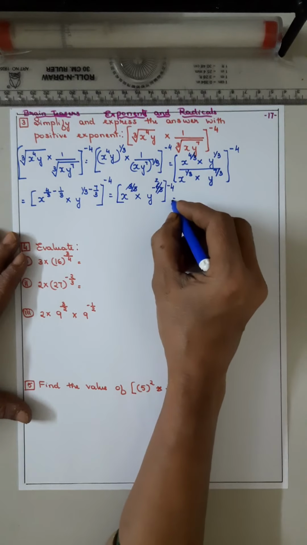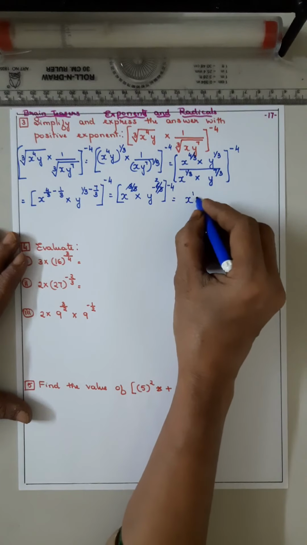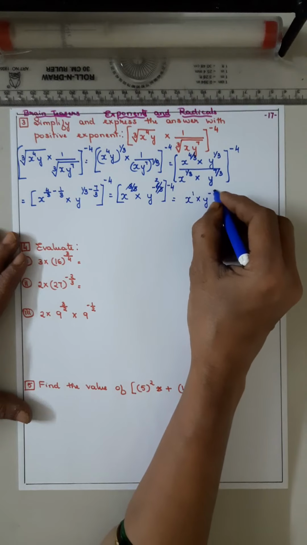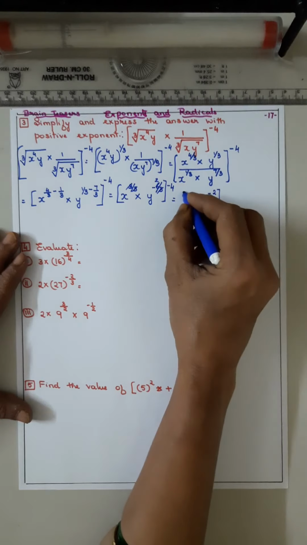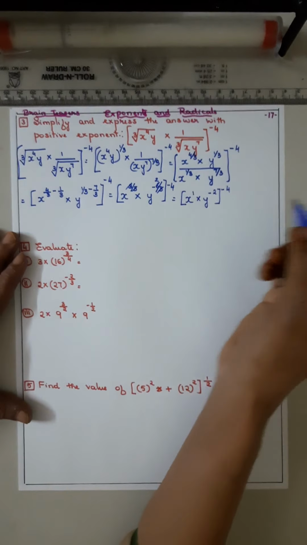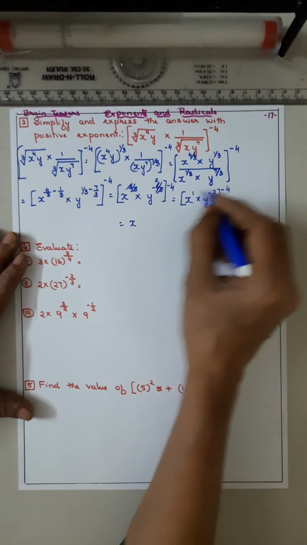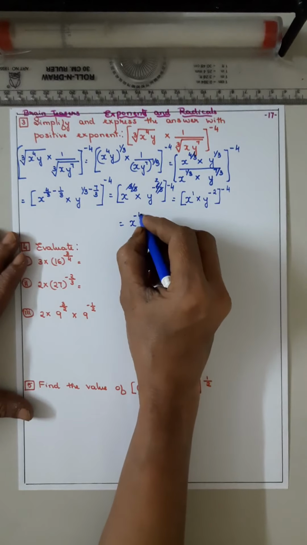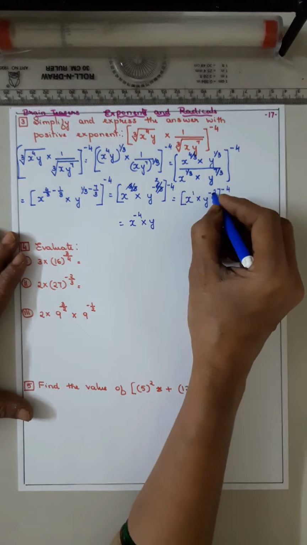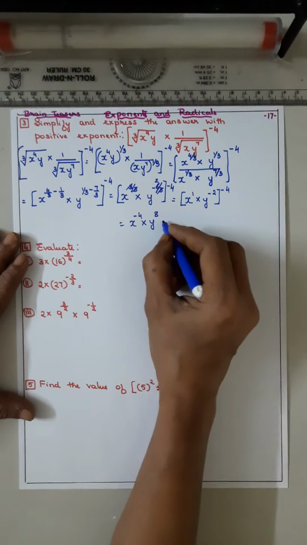Okay, now it became x to the power 1, into y to the power minus 2, the whole raised to minus 4. That means it became x to the power minus 4 and y to the power minus 2 into minus 4, it became 8.